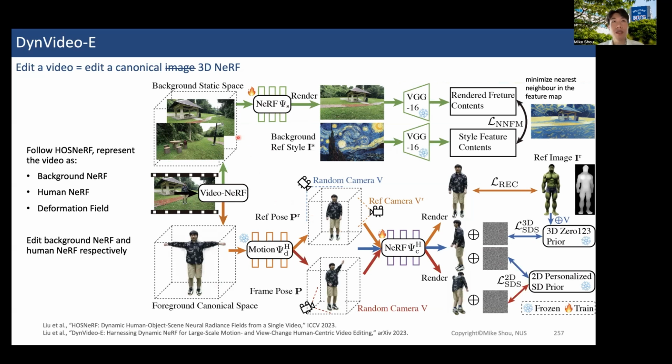So this is from HOSNeRF, where we decompose this single video into a NeRF for the static background scene, the motion deformation fields, and the canonical human NeRF.